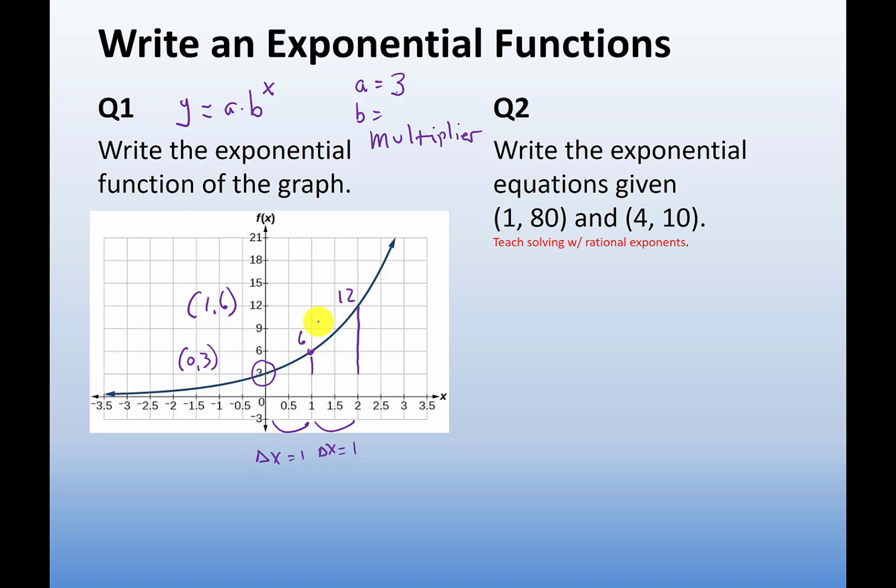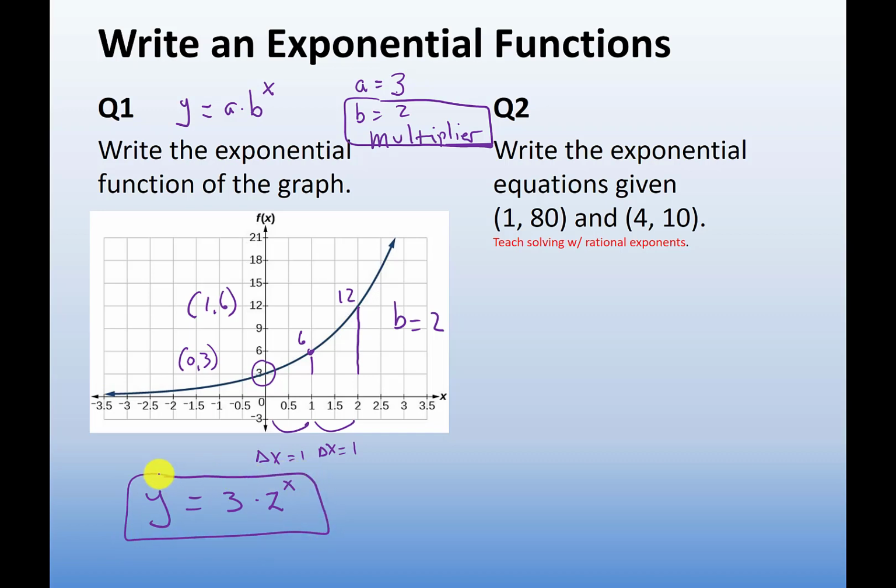Is there a multiplier there? Yeah, intuitively it looks like b is multiplying by 2 each time. So that's the intuitive way that you can sometimes do to get the exponential. So y would have to equal 3 times 2 to the x power. Now, after we've done the equation, we should check it by plugging it into the graphing calculator or plugging it into our table function in the calculator and make sure that we're getting these 3 points.